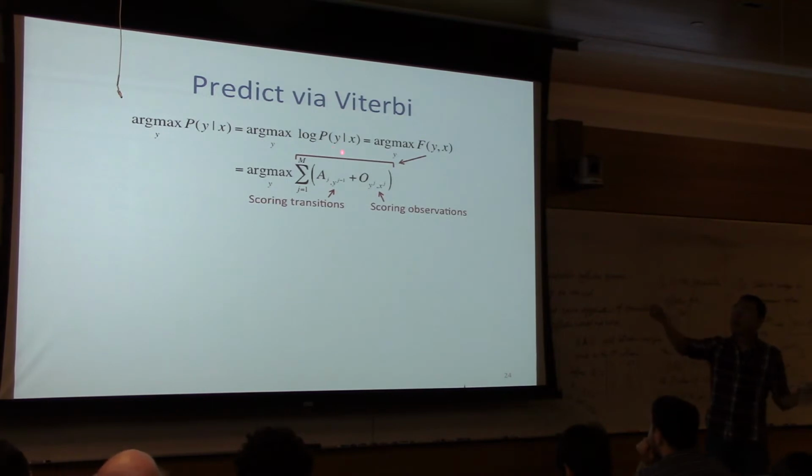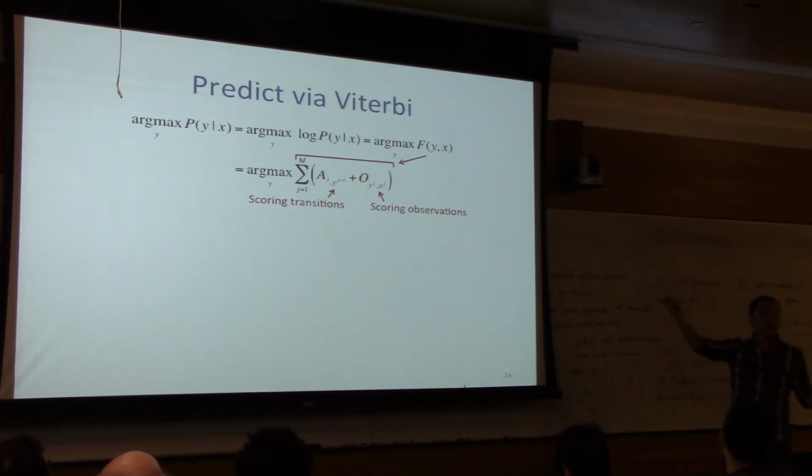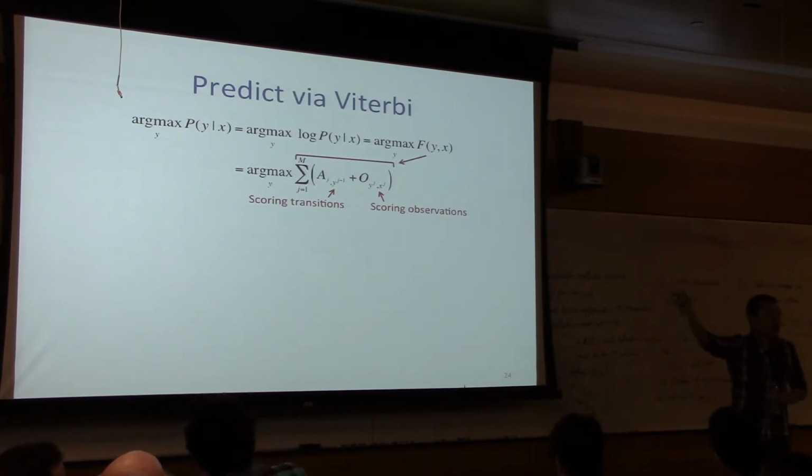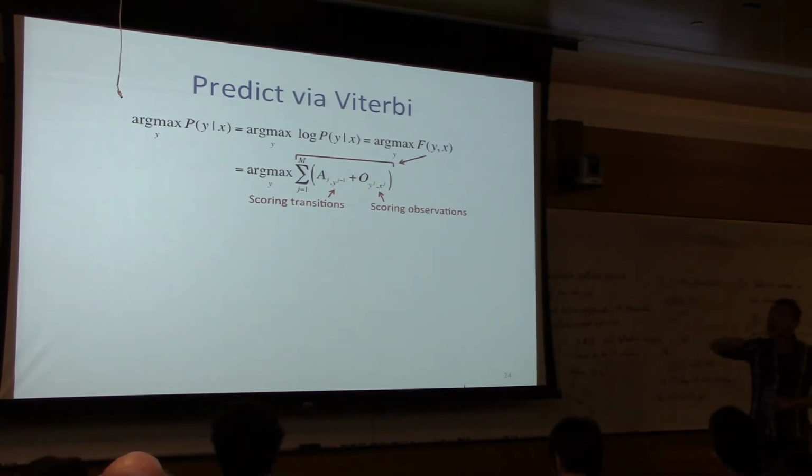I can take the log. Log is a monotonic transformation, so it's equivalent to finding the sequence with the highest log probability. The denominator, the Z function, does not depend on y, so it doesn't factor into the argmax. So it's basically find the y that has the highest score with my scoring function, and this is the definition of my scoring function.